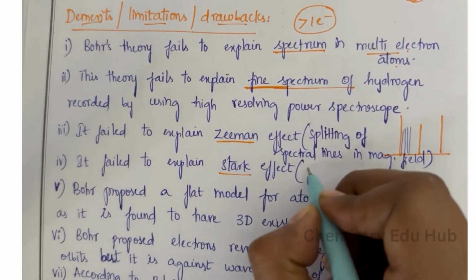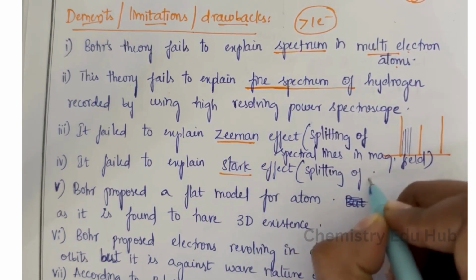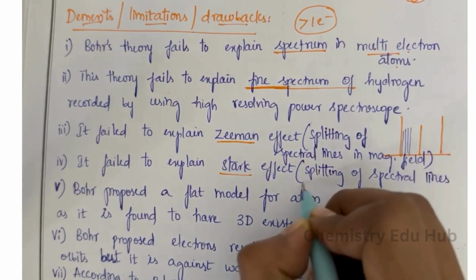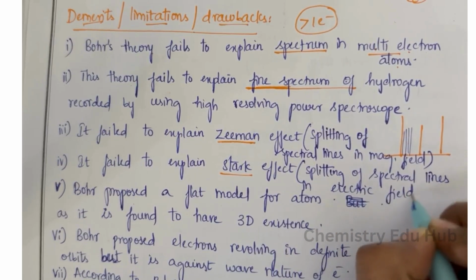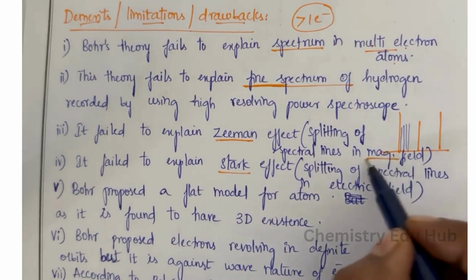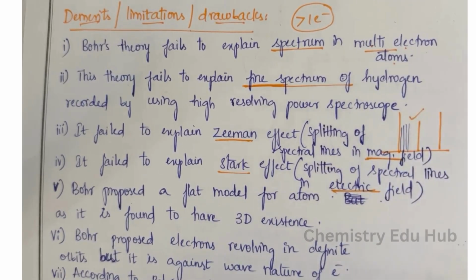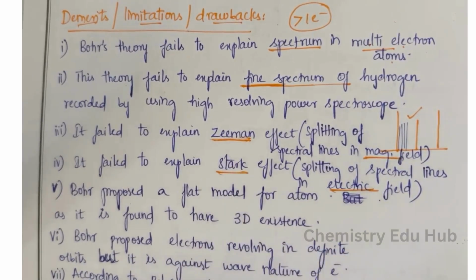Similarly, splitting of spectral lines in the presence of electric field is called Stark effect. So whenever electric and magnetic fields were applied, we observe the splitting of the spectral line in the same way as fine spectrum. So why were those lines splitting? Bohr's model could not explain both the effects, that is Zeeman and Stark.